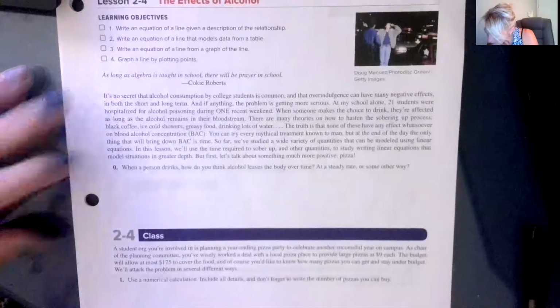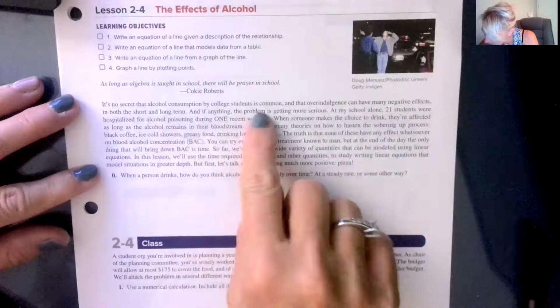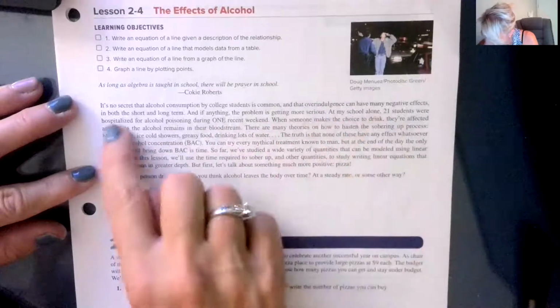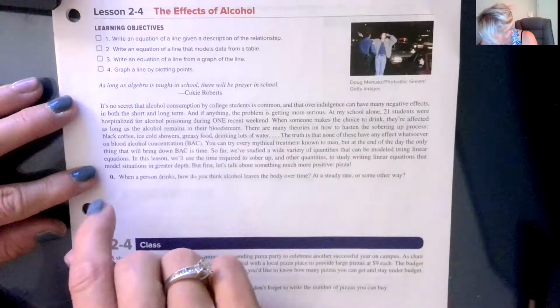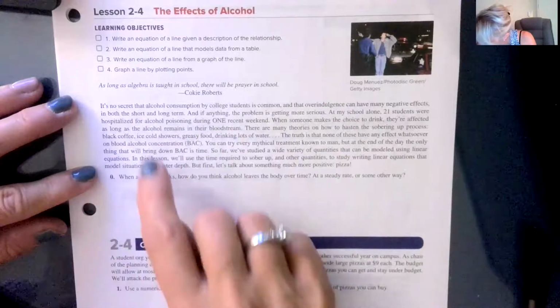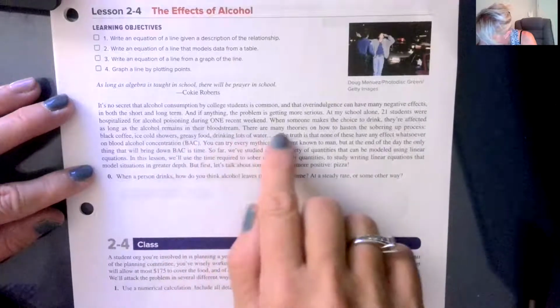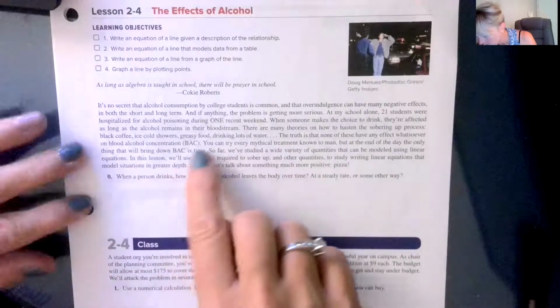It says it's no secret that alcohol consumption by college students is common and that overindulgence can have many negative effects in both the short and long term. And if anything, the problem is getting more and more serious. At my school alone, 21 students were hospitalized for alcohol poisoning during one recent weekend. When someone makes a choice to drink, they're affected as long as the alcohol remains in their bloodstream.